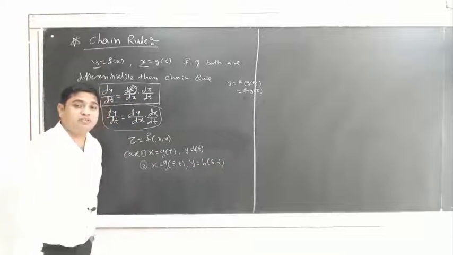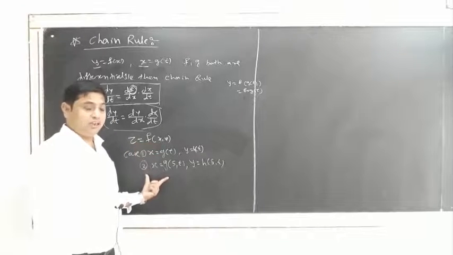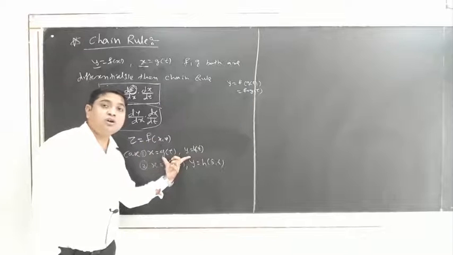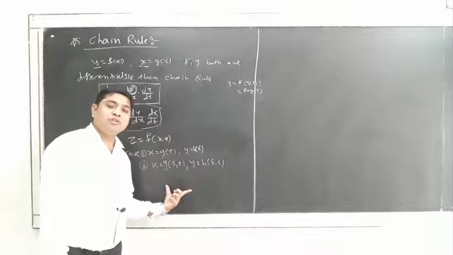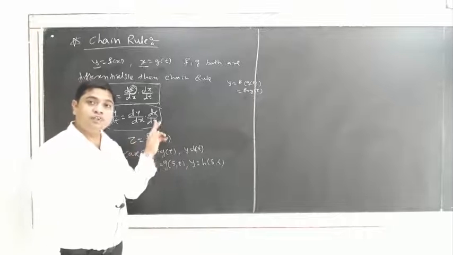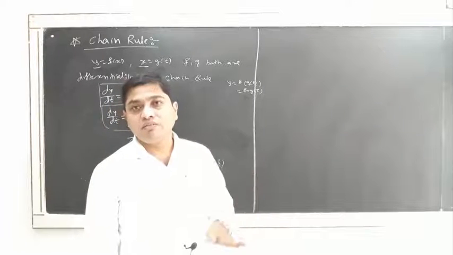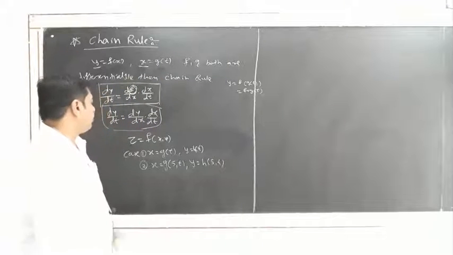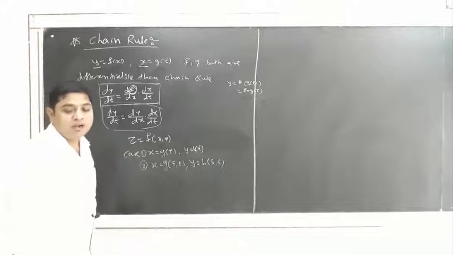That means there are several chain rules, because for a function of two variables there are so many cases. The two variables may be functions of one variable, two variables, three variables, four variables, and so on. Similarly, z may be a function of three variables, and these three variables may again be functions of one, two, three variables, and so on. That means there are several chain rules for functions of two or more variables. So we discuss them one by one.